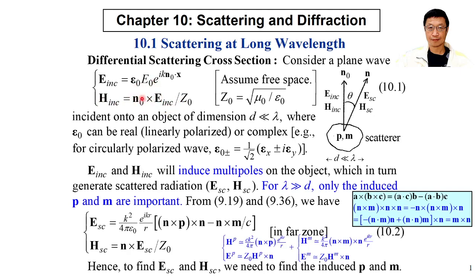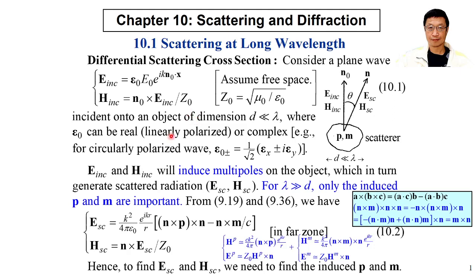The first expression: H field equals curl of A, and then E field equals Z0 times H cross n. That's in chapter 9.